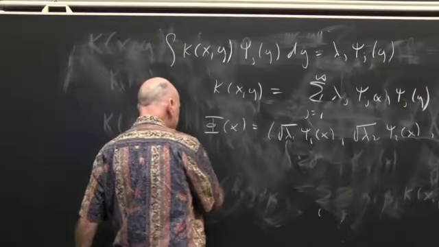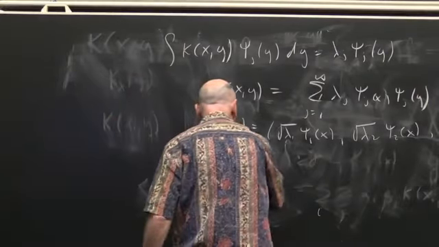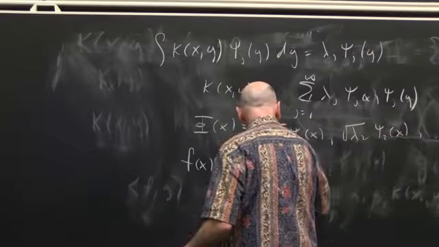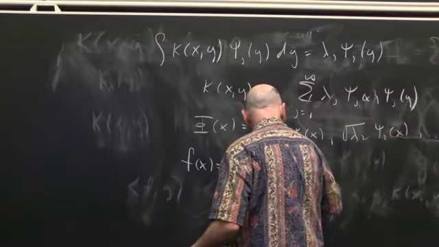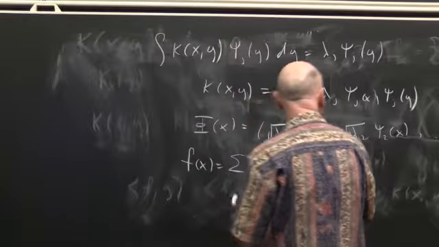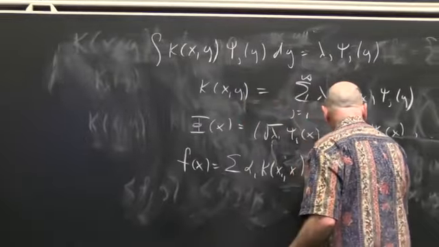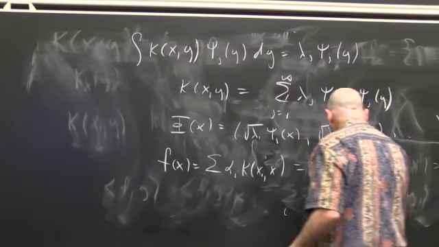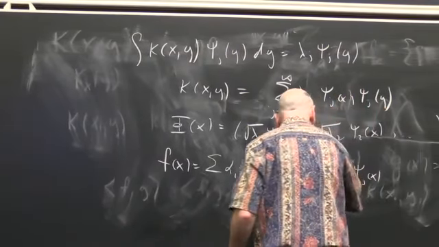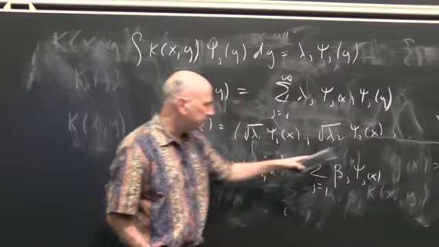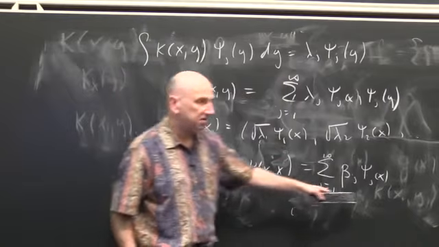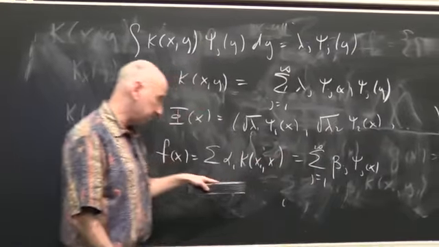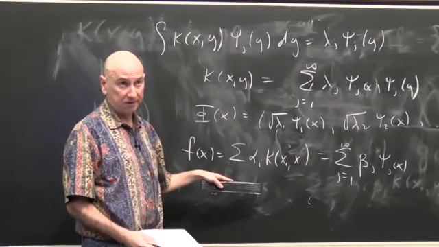So let me say it another way. Any f we know can be written as some combination of these kernels. But it can also be written, if we wanted to, as a linear combination of these basis functions. This is a more traditional and simpler way to think about a function, right? I just expand it in some basis. It's just that this is not a convenient thing to work with. This is much more convenient to do calculations.